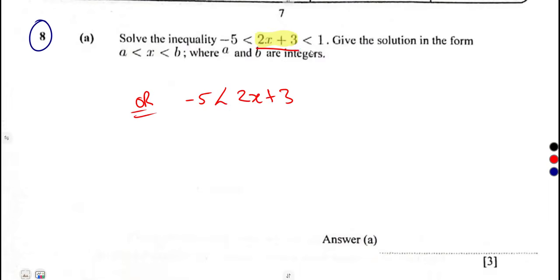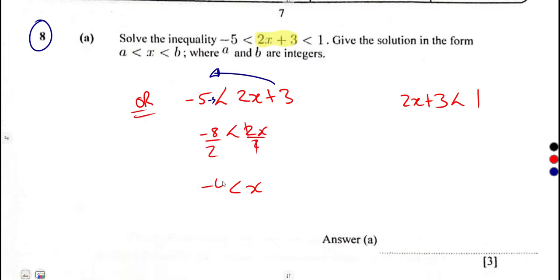Then we take the 2x plus 3 to this inequality, 2x plus 3 is less than 1. So there are two inequalities that you're going to solve. The 3 to the other side is going to be a negative. So minus 5 minus 3, minus 8, less than 2x, divided by 2 by 2. So x is greater than minus 4.